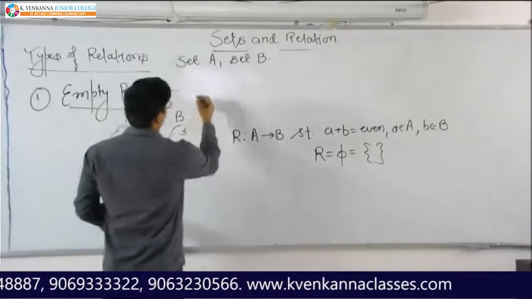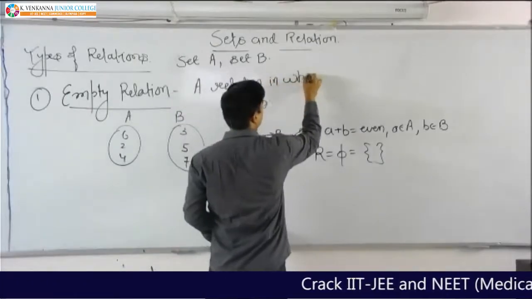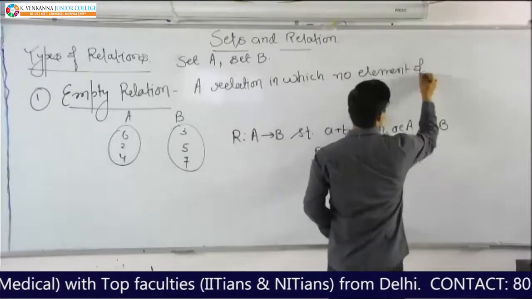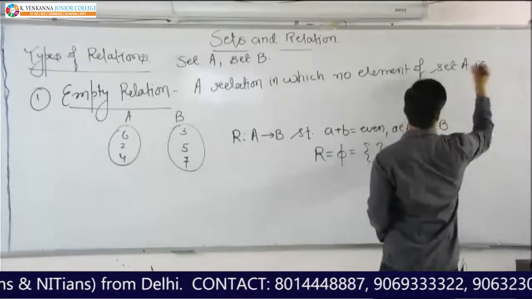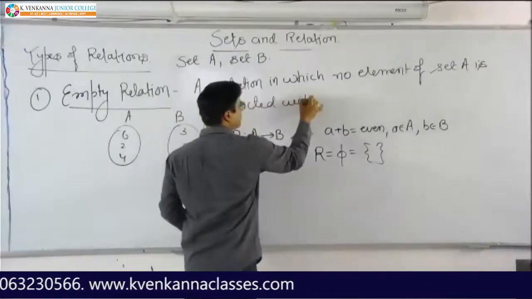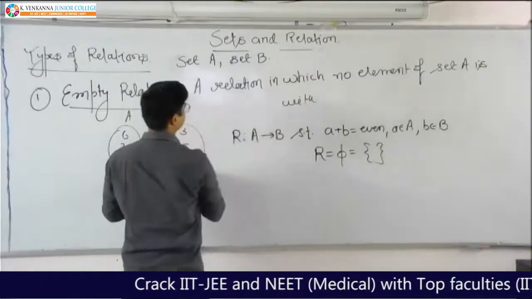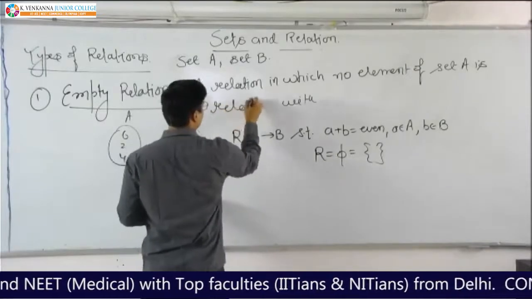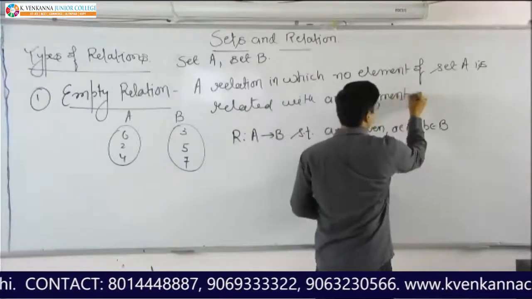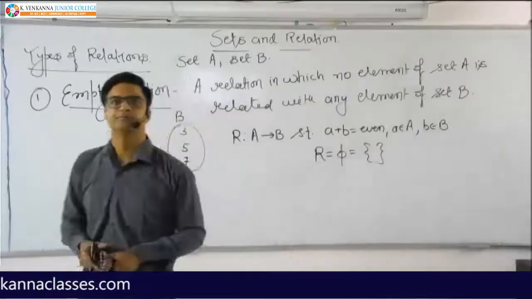So an empty relation is a relation in which no element of set A is connected with, or you can use the better word, related with any element of set B. Then it is called an empty relation, right?